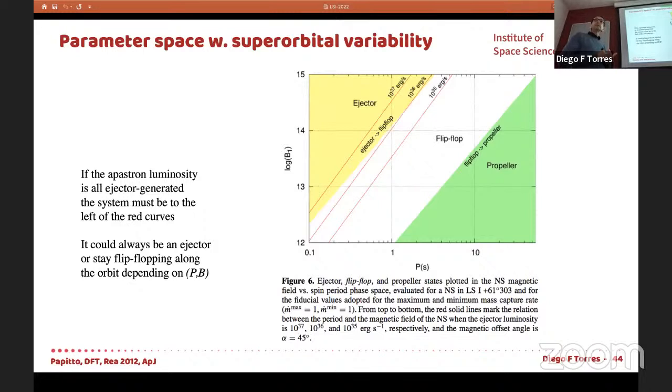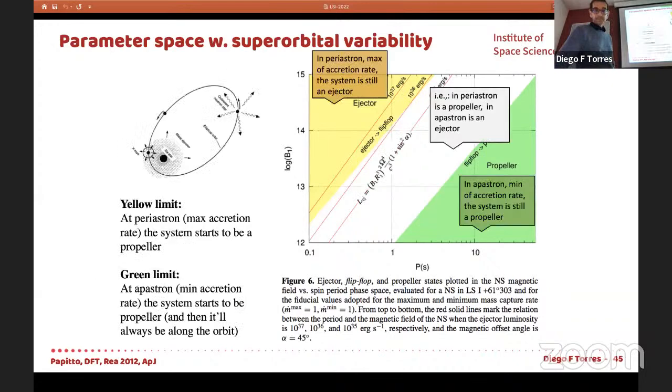And if all of that is generated by the pulsar, then the system should be to the left of these lines of equal luminosity. If it is to the left of these curves, it could be an ejector all the time, if it is energetic enough, or if it is in the white part, it could flip-flop. So it could change states.